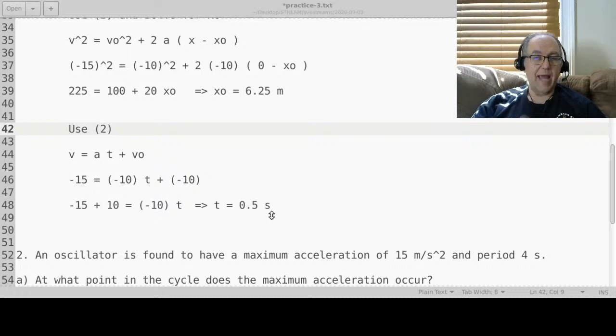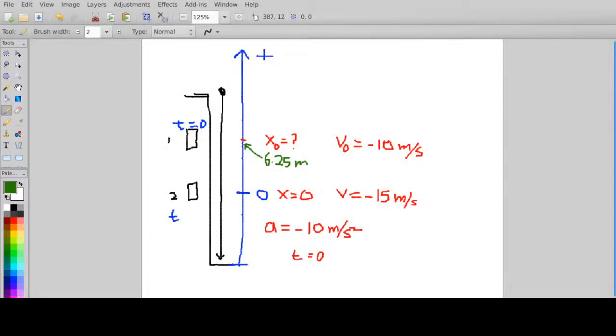All right, let's look at that on the diagram and see if the answer makes sense. And it'll also show us a little bit what acceleration really means. So here we are back at the whiteboard, and take a look at the initial and final velocity. The initial velocity is negative 10 meters per second. The final velocity is minus 15. So it's sped up as you go down. Velocity is how fast you travel.